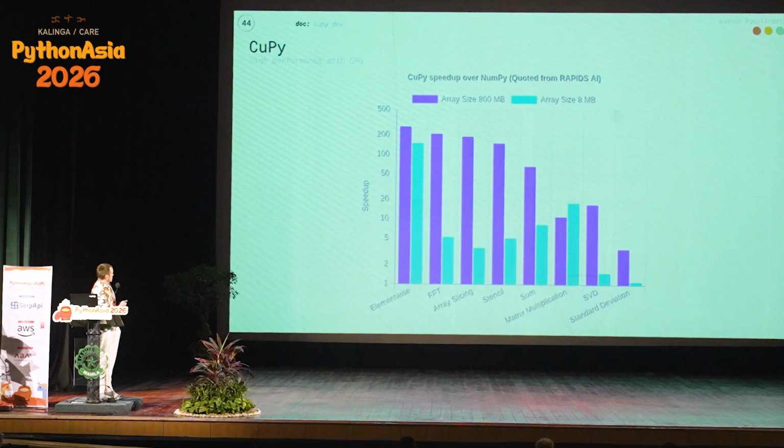Or here is a public benchmark chart comparing different array sizes, CuPy with NumPy, for tasks like fast Fourier transform, array scaling, SVD, and summation.